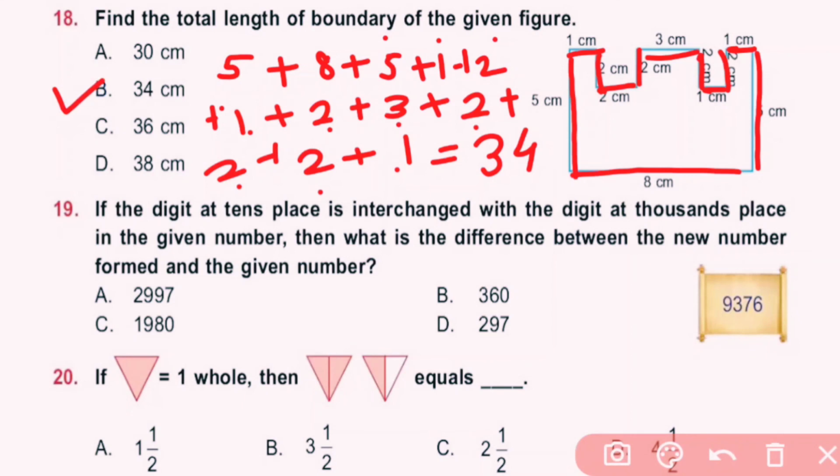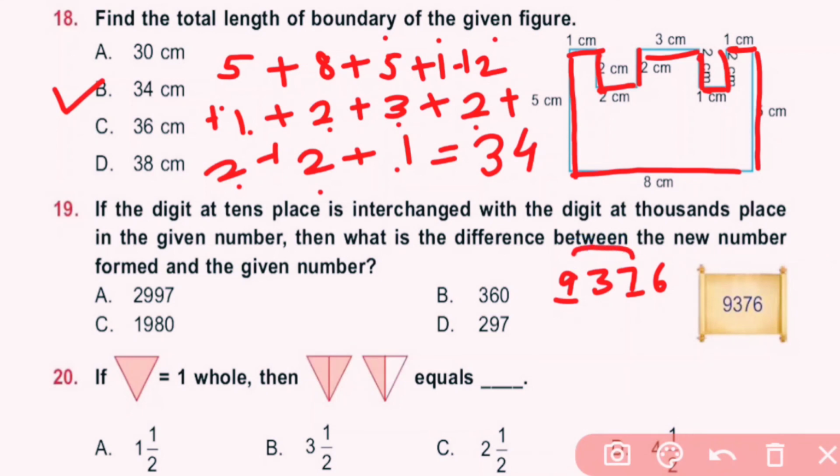Question number 19. If the digit at 10 place is interchanged with the digit at 1000 place in the given figure, then what is the difference between the new number formed and the given number? The given number is 9376 and its 10 place is 7 and 1000 place is 9.